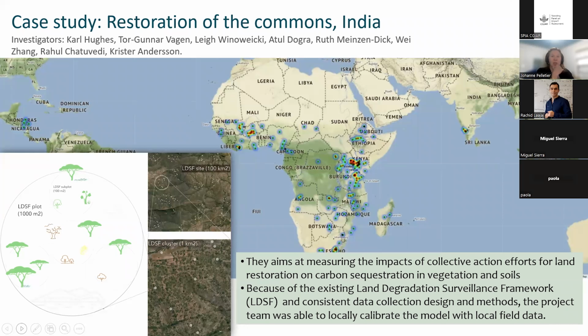So they use a consistent methodology, and that allowed them to apply this methodology that links field measurement and remote sensing data that use MODIS, Landsat, Sentinel-2, and to apply it in the Indian context and transfer it. The structure of the method allowed them to do that easily and transfer context.